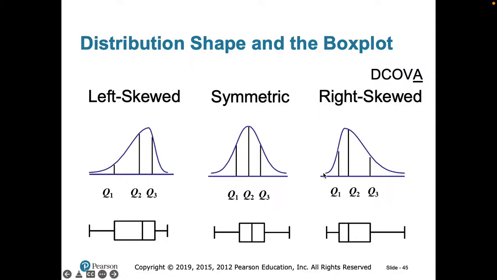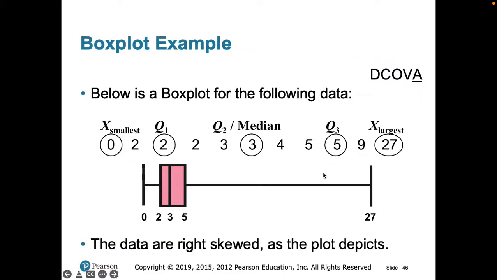Okay, let's take a look at an example to put this into perspective. Here is a box plot for the following data, right? Your smallest value is 0, your Q1 is 2, your median is 3, your Q3 is 5, and your largest value is 27. And you can see how this data is right skew, right?